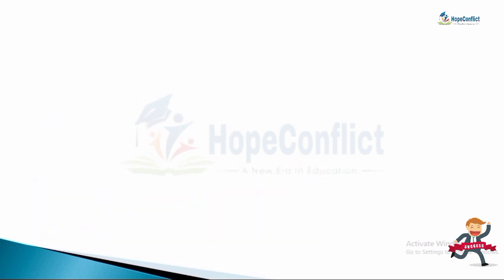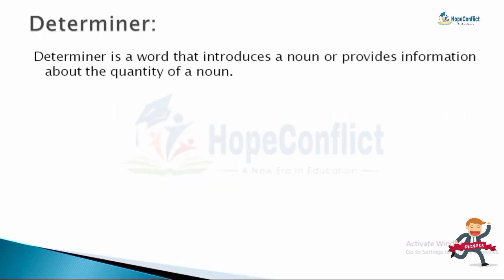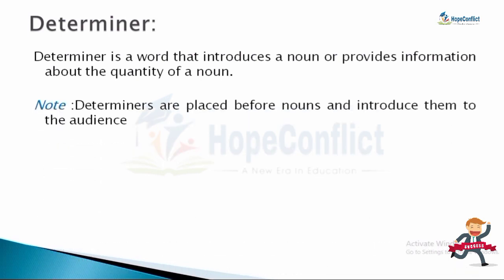Now let's see next. Next is your determiner. What is determiner? A determiner is a word that introduces a noun or provides more information about the quantity of the noun. This is your definition. There is another note which says determiners are placed before the nouns and introduce them to the audience.